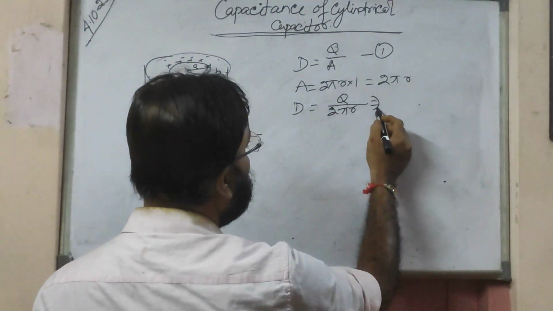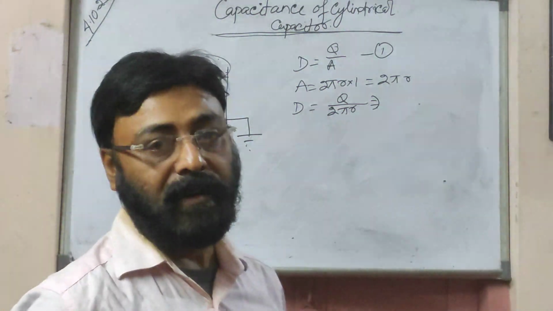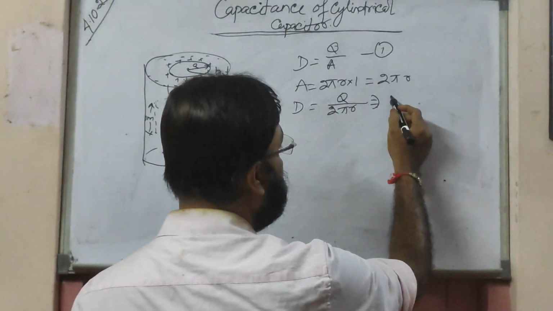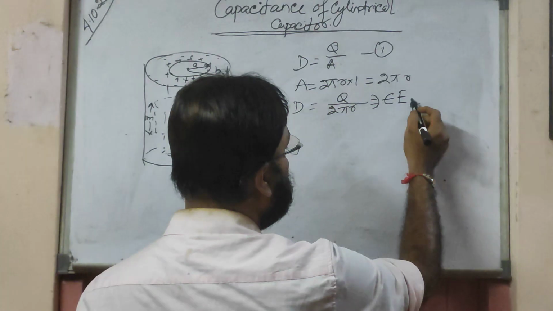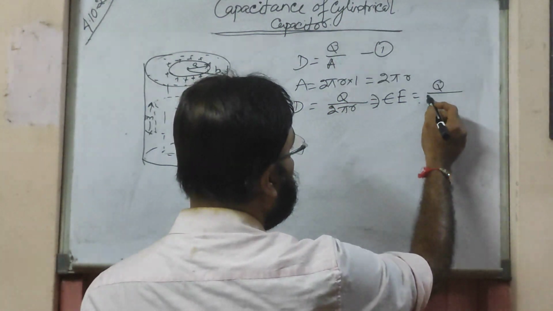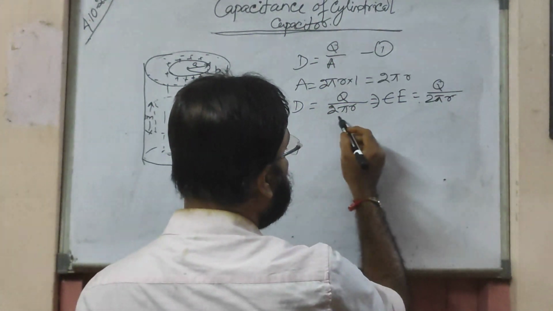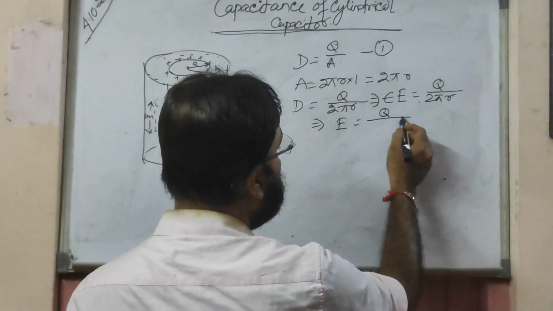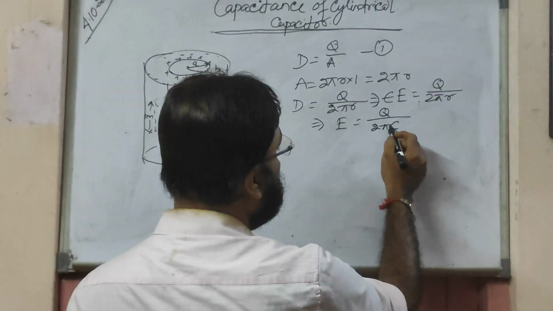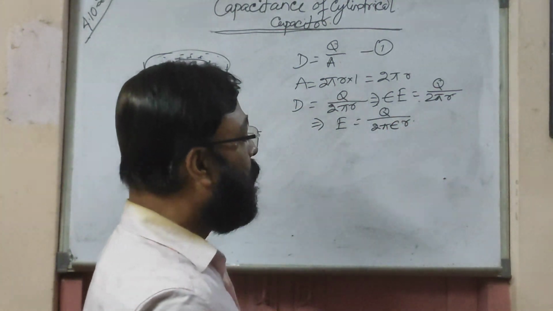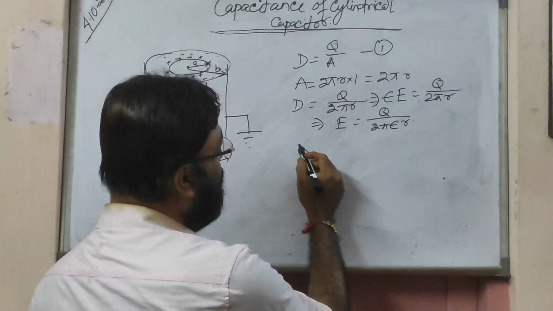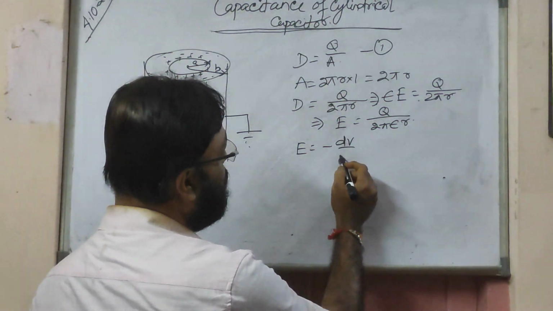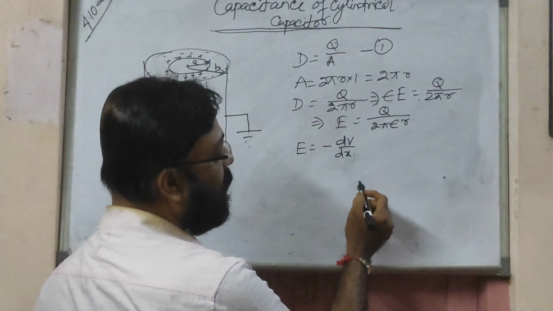As we know, the electric flux density is equal to epsilon into electric field intensity. So epsilon into E is equal to Q by 2 pi r. That gives E is equal to Q by 2 pi epsilon r. Now we know that electric field is the negative of the potential gradient, so E is equal to minus dV by dx.